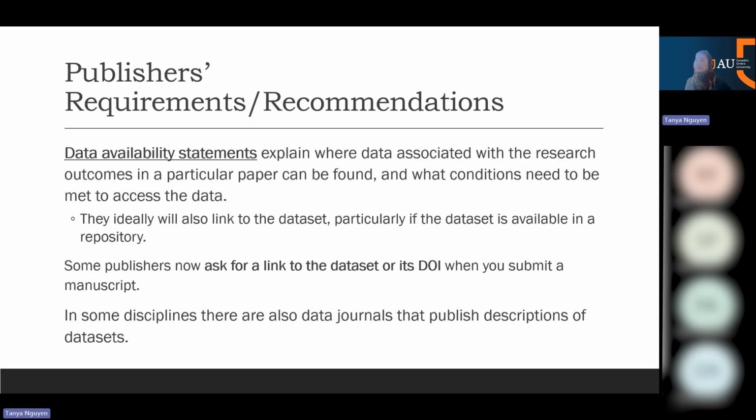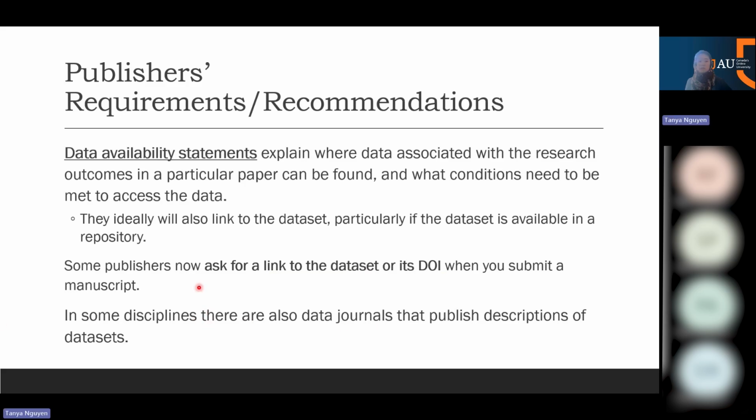And so the data availability statement gives information about where you can find that particular data or where the paper can be found and what conditions have to be met in order to be given access to the data. Usually with a data availability statement, there will be a link or a digital object identifier linking to that data set.